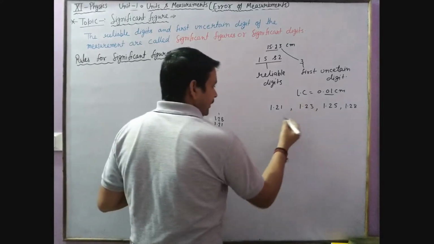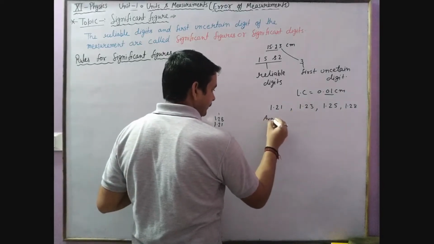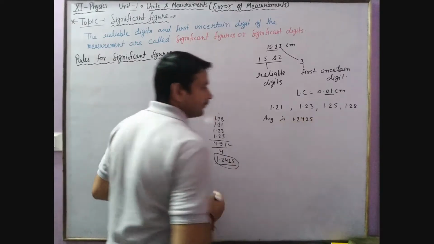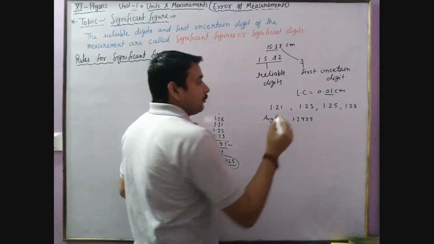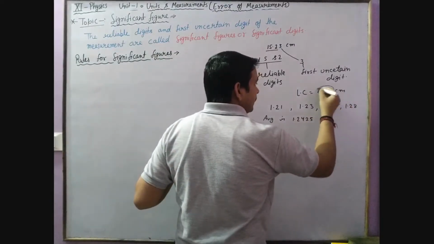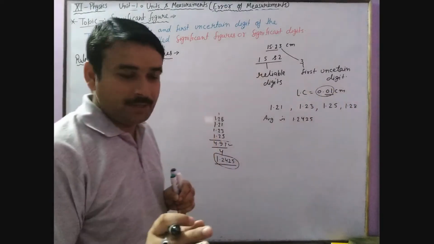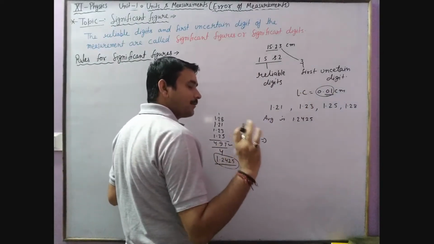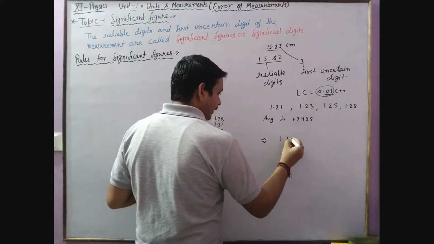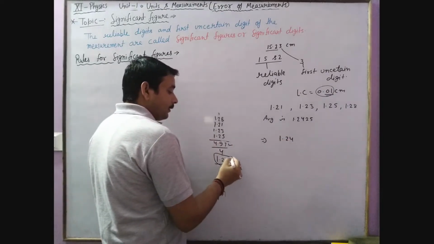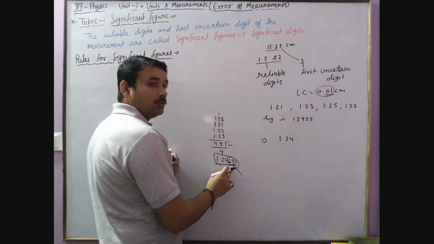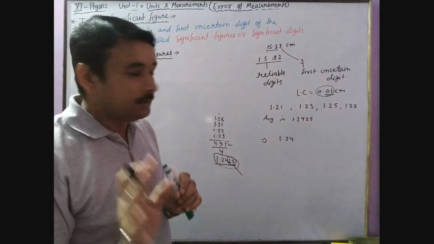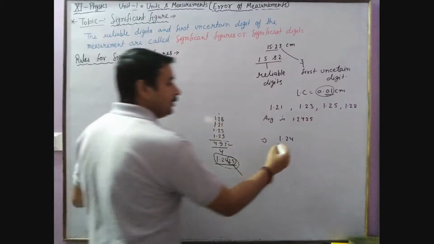That means the average of all these is 1.2425. Okay, here because the vernier caliper least count is up to 2 decimal places, our final result is also in 2 decimal places after the decimal. That means 1.24. The rest of the values are uncertain digits which are not required to write with the result.